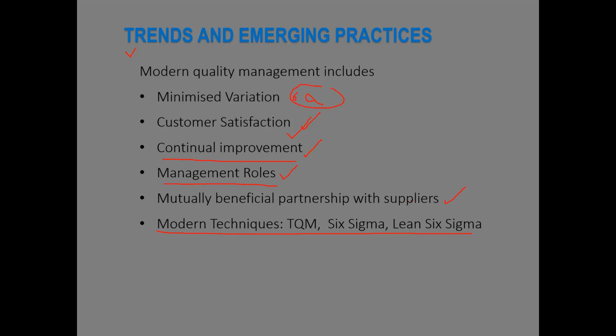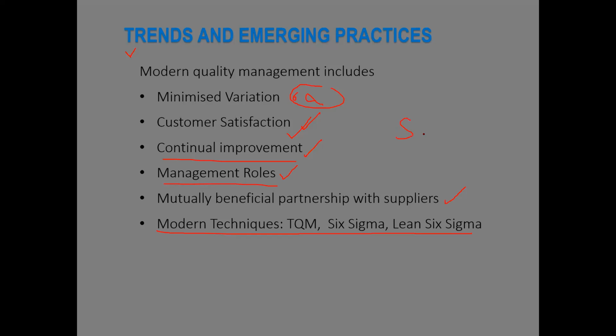Mutually beneficial partnership with suppliers, very important. Nowadays, it is a very important trend in supply chain management. Suppliers are the best source who can provide you that feedback, that guidance, that support that help you to have very good quality outcomes.